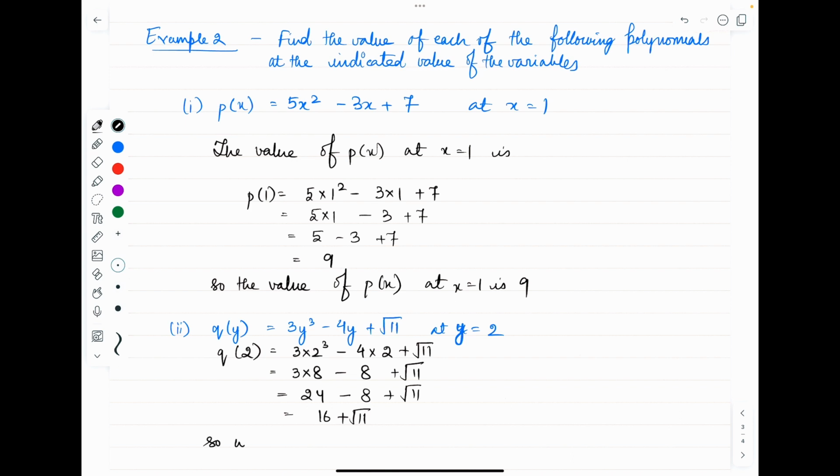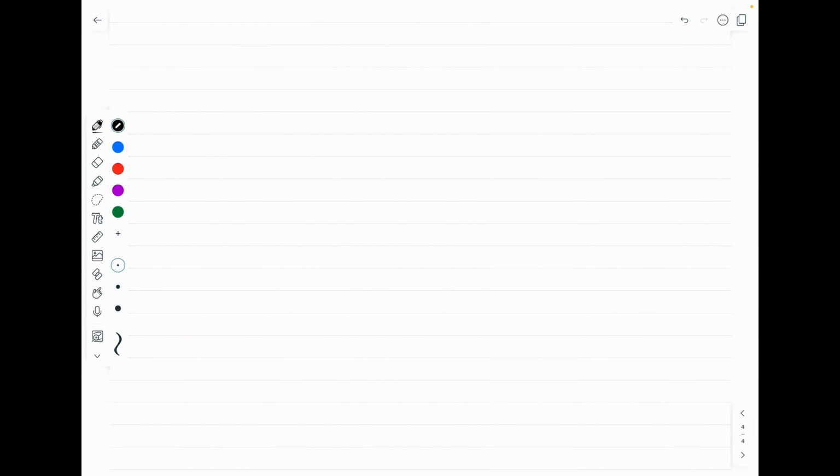So the value of q of y at y equals 2 is 16 plus root 11.